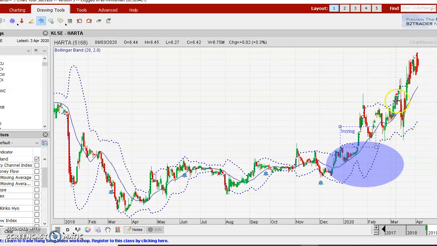There is no correction yet since it started to increase. So if you want to buy, we wait until the band contracts. The confirmation of the band contracting will help you decide whether to buy or not. If you buy at this point, it's quite high risk.